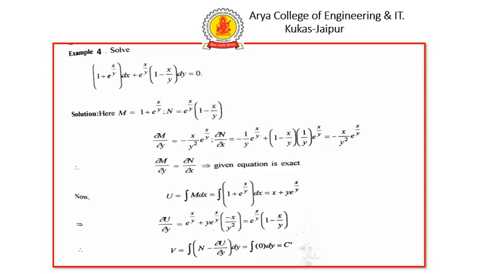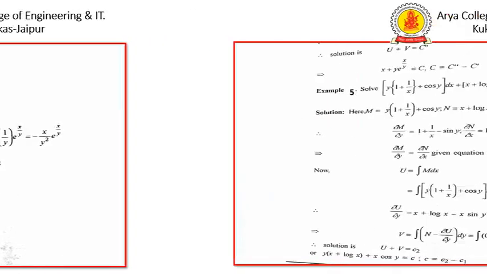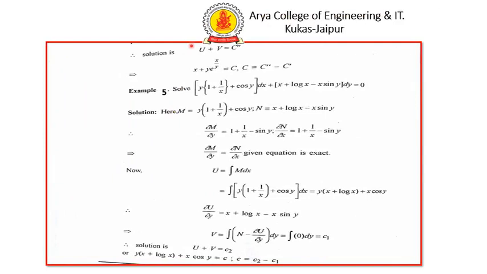Then we calculate del u upon del y. For the next step, we calculate v, which is equal to integral of N minus del u upon del y dy. This gives the value. The solution is given by u plus v equals constant.